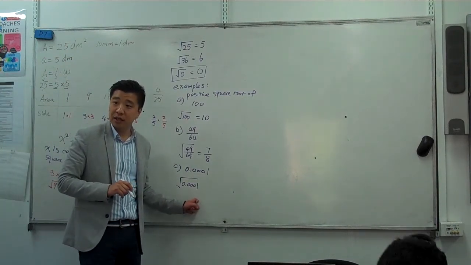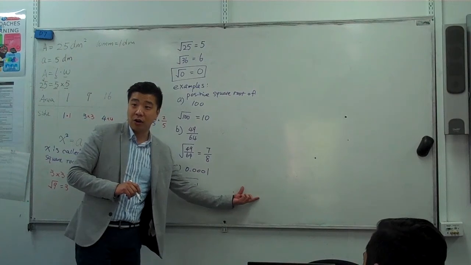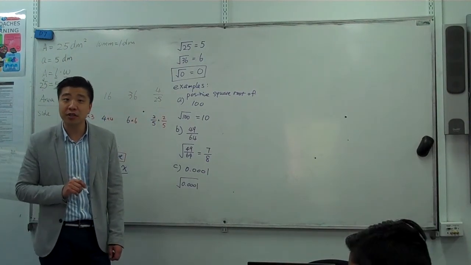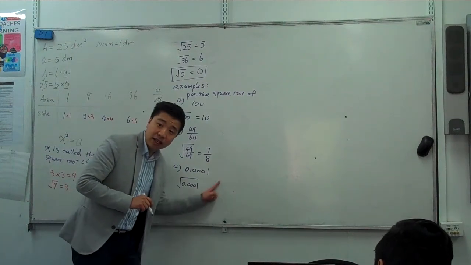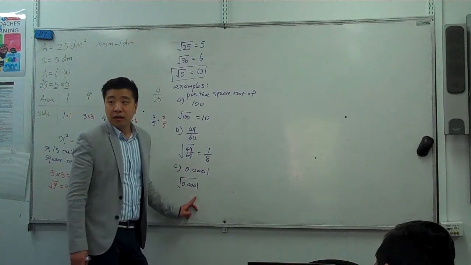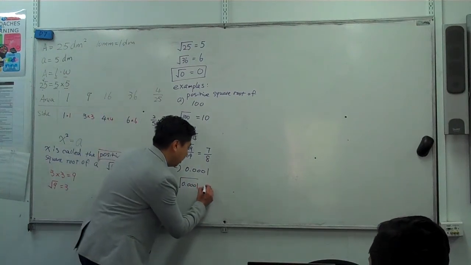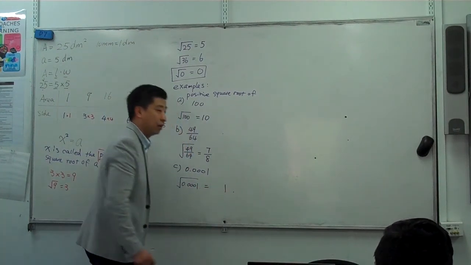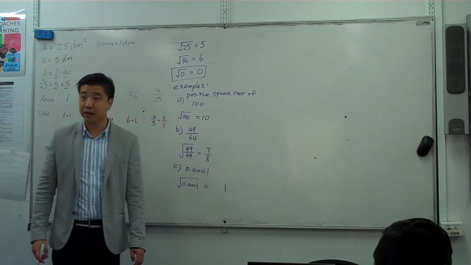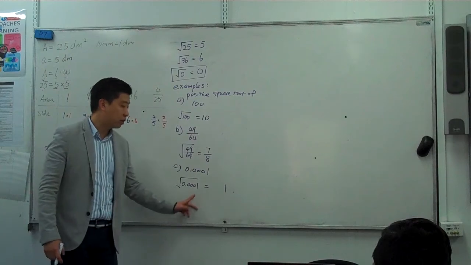When you do this answer, do you have more decimal places or fewer decimal places? You have fewer, because your answer should times itself. Your answer should be something 1, is that correct? Yeah. Alright, because 1 times 1 is 1.